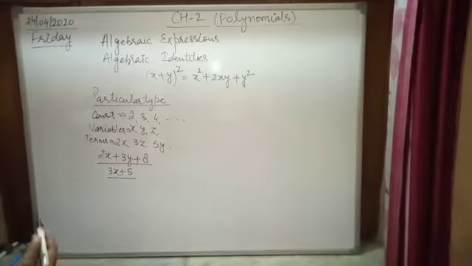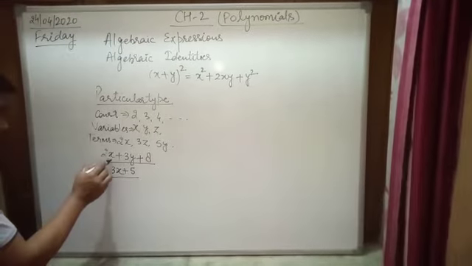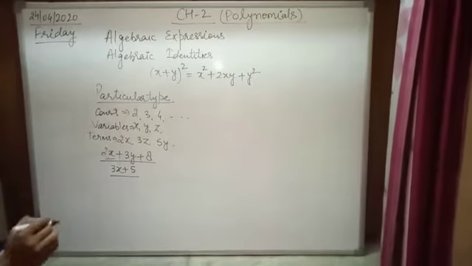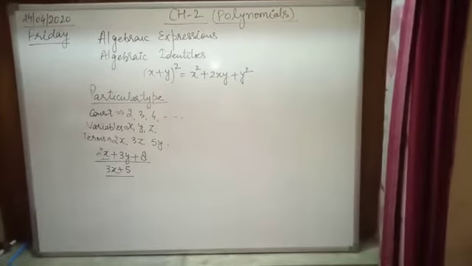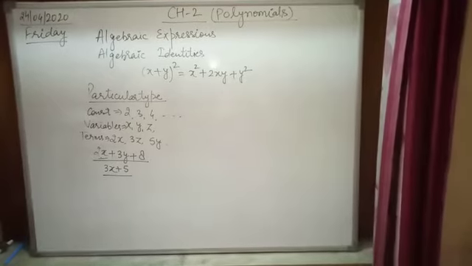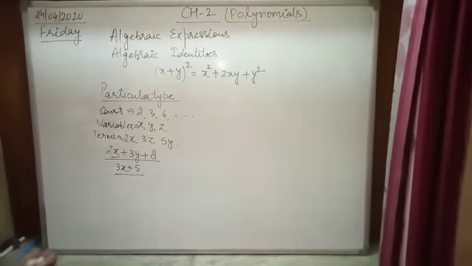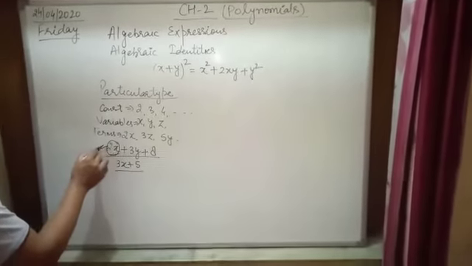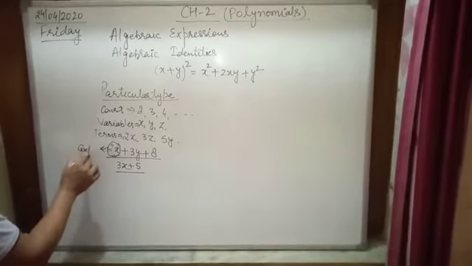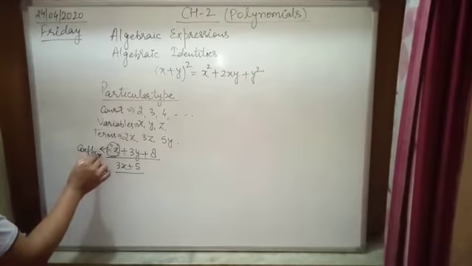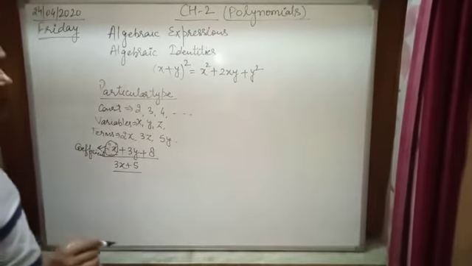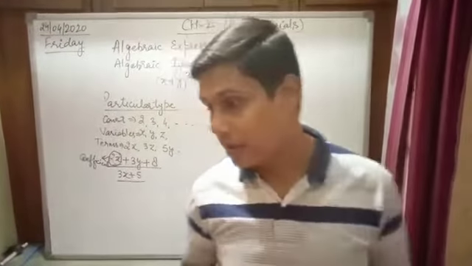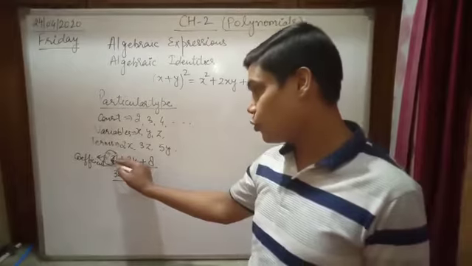Now in this expression 2x, it means 2x is the combination of 2 and x. 2 is the constant, x is the variable. But if we are writing 2x, it means 2 is the coefficient of x. If anybody asks what is the coefficient of x, then our answer is 2.